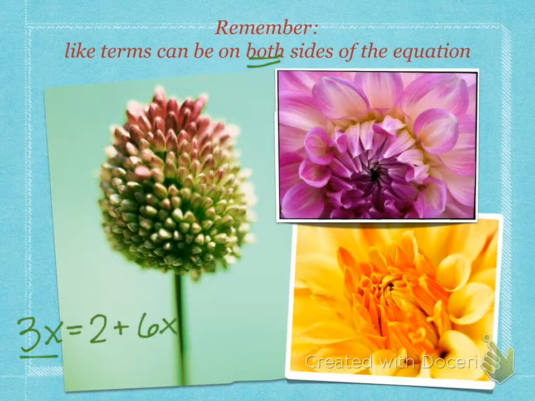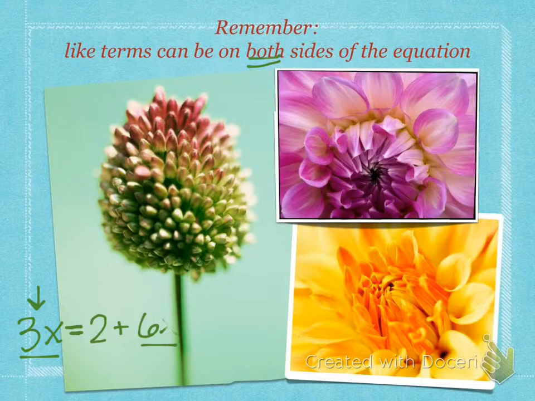Jensen? 3x and 6x. Are they on the same side of the equation? No, because this equal sign right here tells me the 3x is on the left side and the 6x is on the right side. So don't think that in order to combine them, they have to be on the same side. No, we would have to combine them even though they're not on the same side.